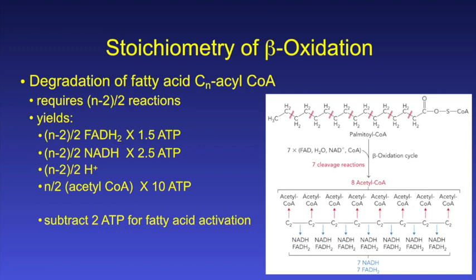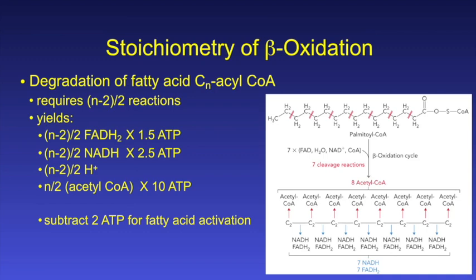Now, you do have to subtract 2 ATPs for the activation itself. Okay? So, for a normal C16 fatty acid that gets into the muscle cell, how many ATPs can you synthesize by fully oxidizing one fatty acid molecule?